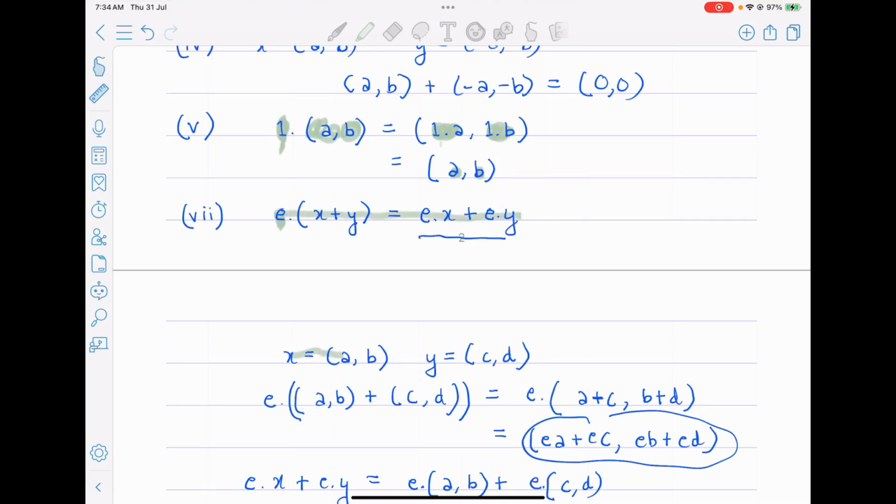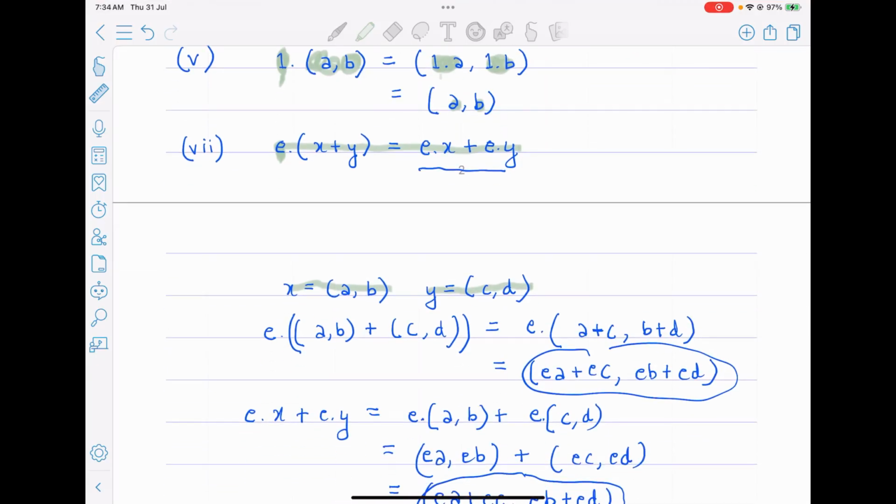So I am taking x is equal to (a, b) and y is equal to (c, d). Now if you see, e dot this thing is equal to e dot (a plus c, b plus d), by definition. And now (ea plus ec).